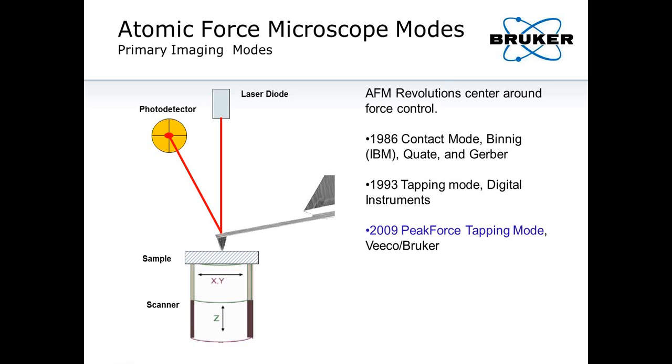In 1986, contact mode AFM was invented, and then in 1993, tapping mode was introduced by then Digital Instruments, now Bruker. And in 2009, which is just a few years back, PeakForce Tapping mode was invented, again at Bruker.